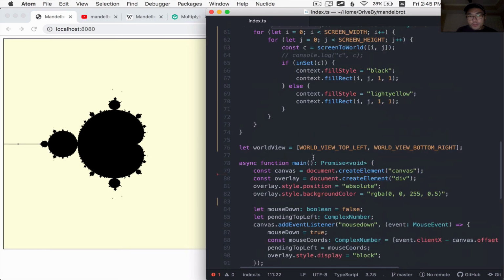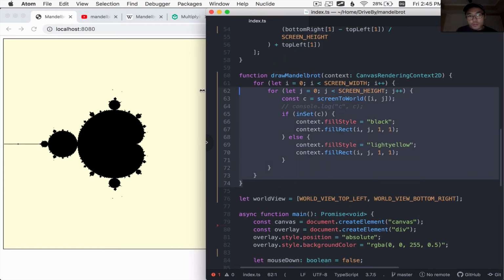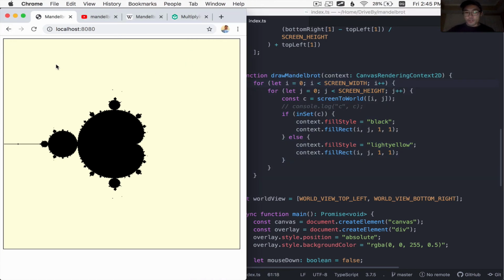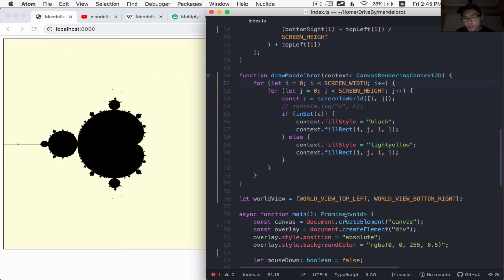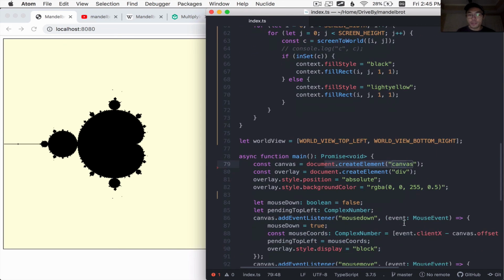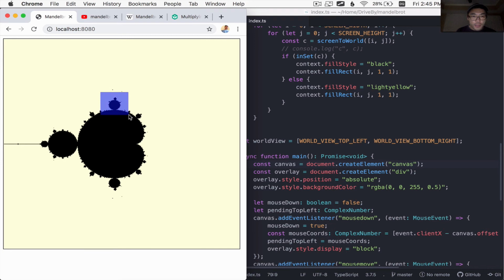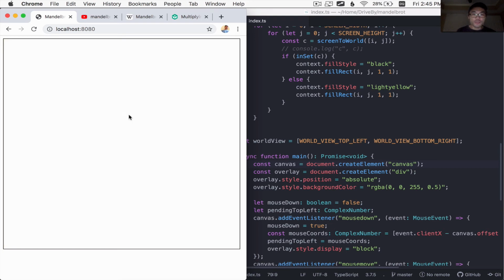The rest of the code is basically, this is the workhorse, which loops through every single pixel within this canvas. At the beginning, I do create a canvas element, and there's some overlay, which is for the zooming functionality.